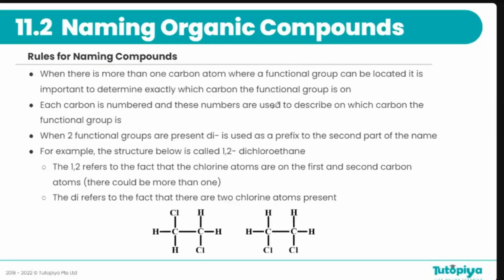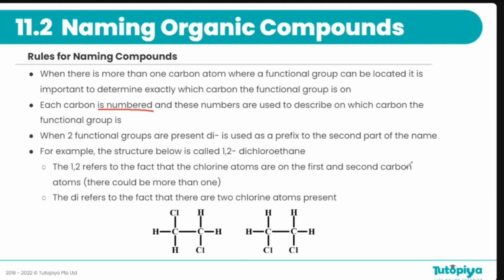The longer the carbon chain is, the more options the functional group would have to place itself. Which means there can be more than one place a functional group can be at. So in this case, we use a numbering system on the carbon chain to identify where the functional group is.